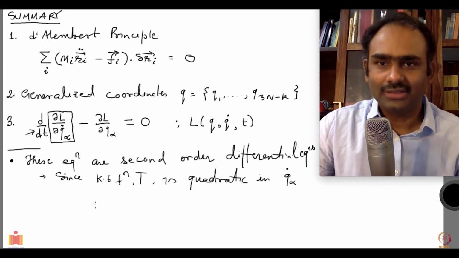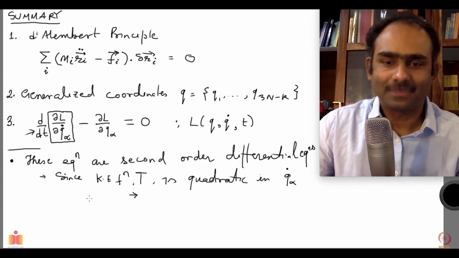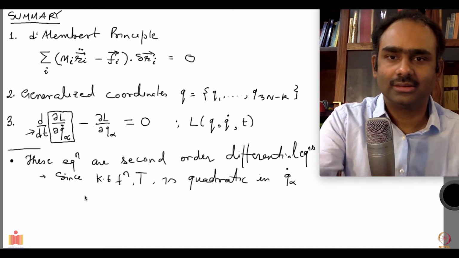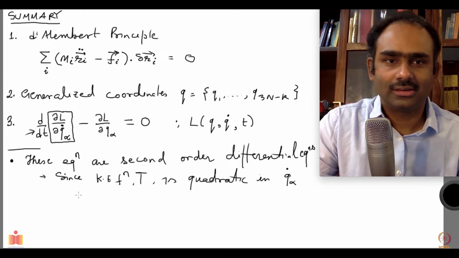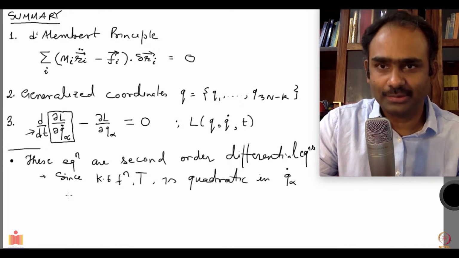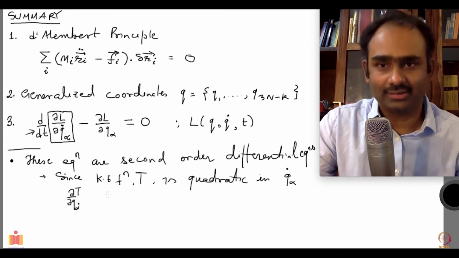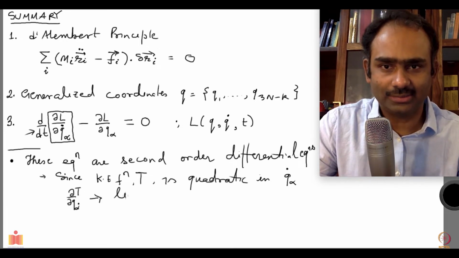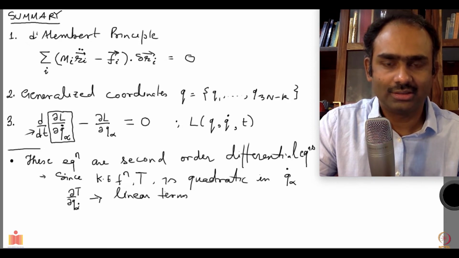Because of this, taking a partial derivative with respect to q alpha dot of T, which is part of the Lagrangian, will generate terms which are linear in q alpha dot.